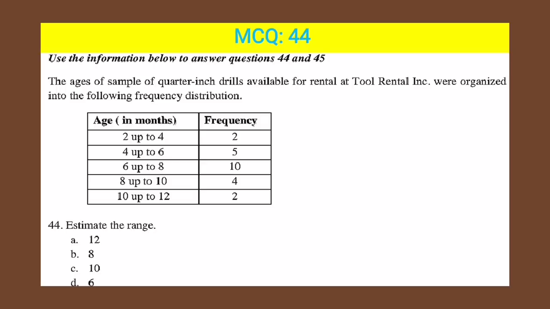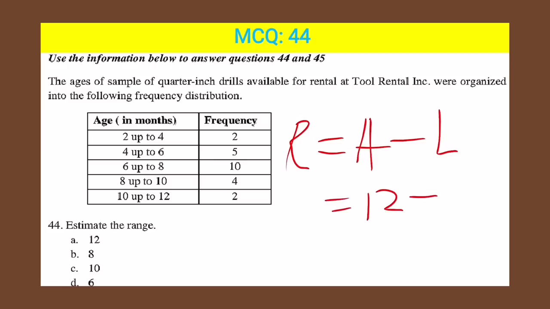Alright, so the range here is simple. Range here means the highest value compared with the lowest value. The highest value in the class interval will be 12, and the lowest will be 2. But most of the time you can also find the class boundary of the class, so you can also use that approach.